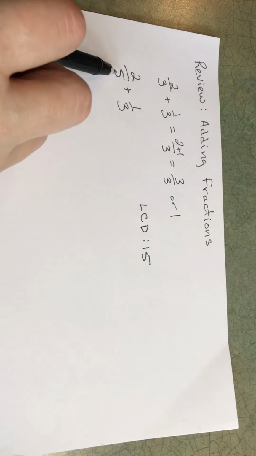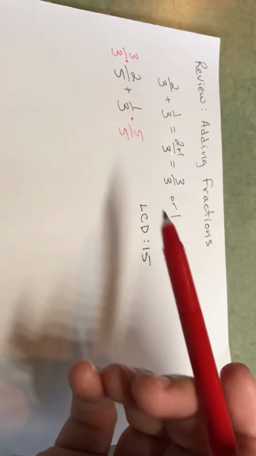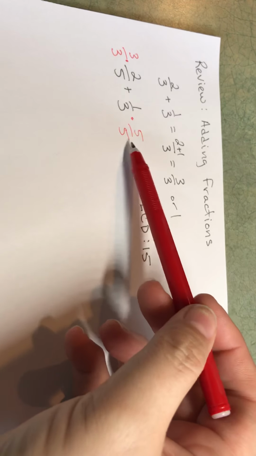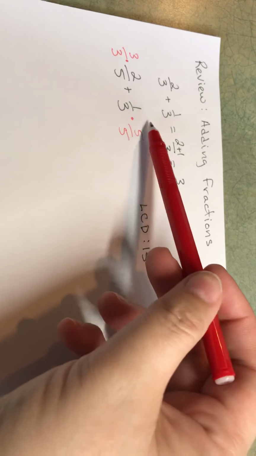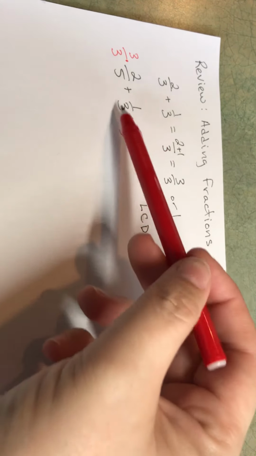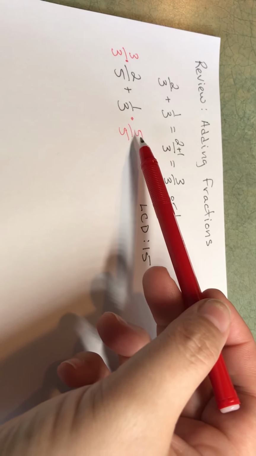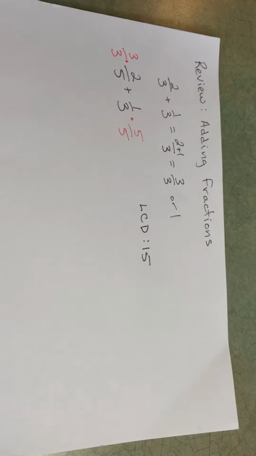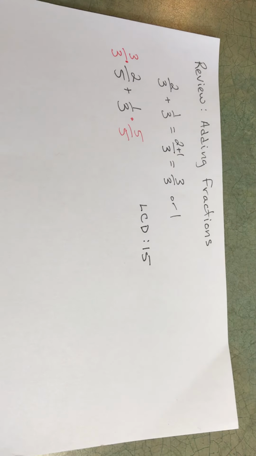Okay, now this is just a fancy way of writing 1. 5 divided by 5 is just 1. So we're not actually changing the value of this fraction, we're only changing the appearance of it. That's really important to understand.